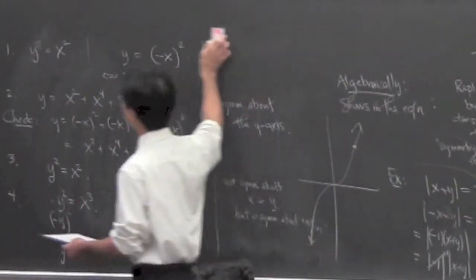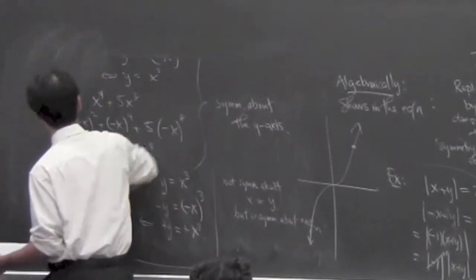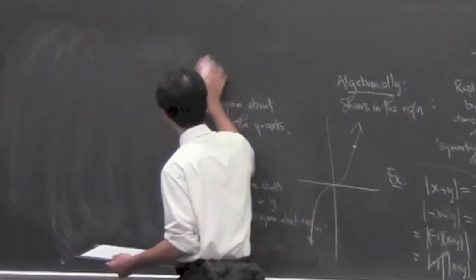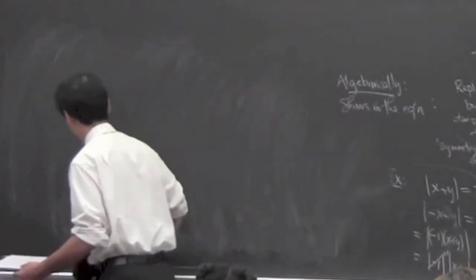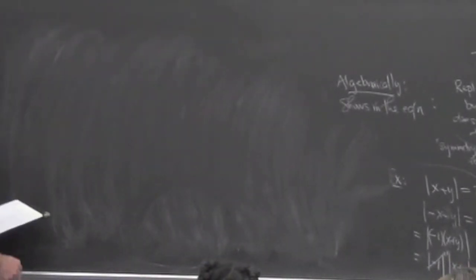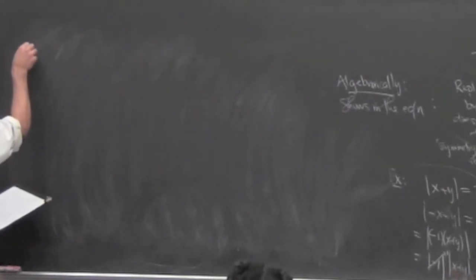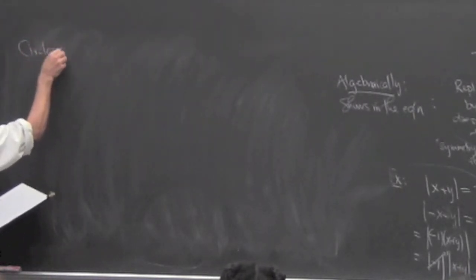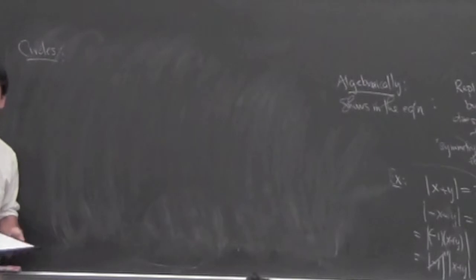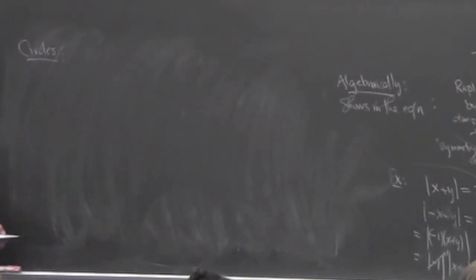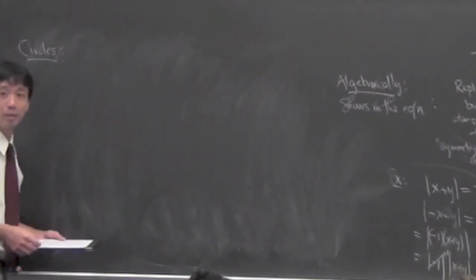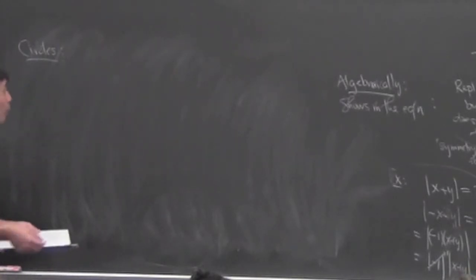Okay, so what's a circle? What is a circle? It's round. How do we describe a circle?